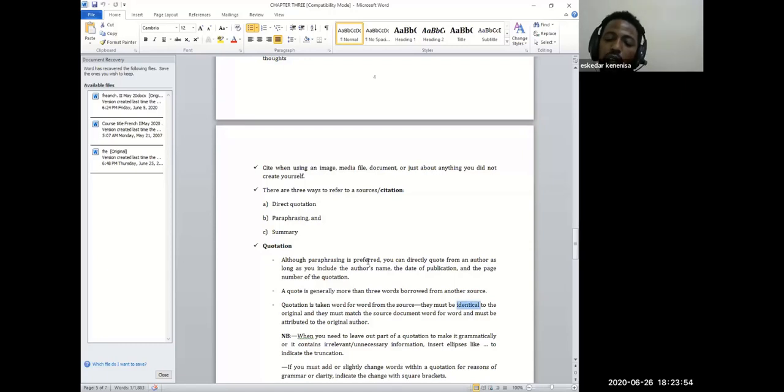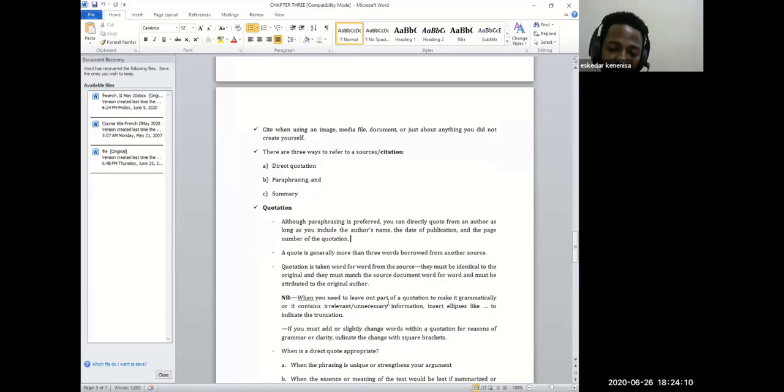However, while you take a quotation, you can avoid some irrelevant information or irrelevant words that are included in the author's text. When you need to leave out some part of the quotation, you have to do it this way. Let me write it.